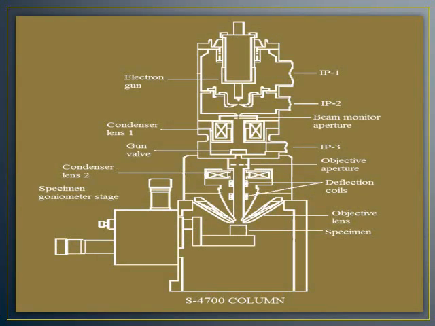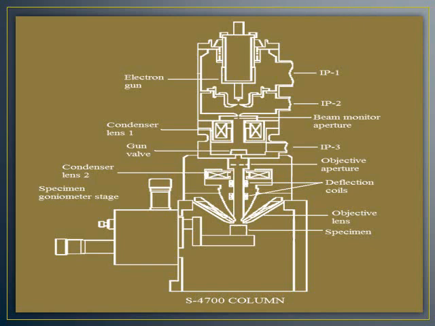Now let's see how it works. How does SEM work actually? A beam of electrons is generated in the electron gun, located at the top of the column where a filament is located. The most commonly used filament is the tungsten hairpin gun. This filament is a loop of tungsten which functions as the cathode.